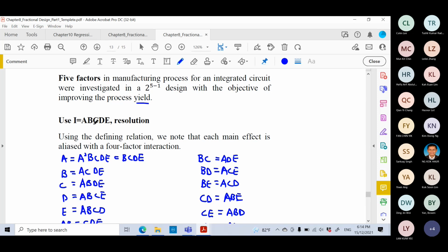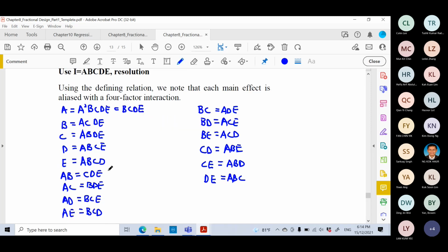So you only have ACDE. So this is the second one. And so on. You get factor C, factor D, and factor E. Then if you multiply, you get AB equal to CDE, and so on. So here are all the possible alias structures under this experiment of the 2 power of 5 minus 1 by using I equal to ABCDE as a defining relation.